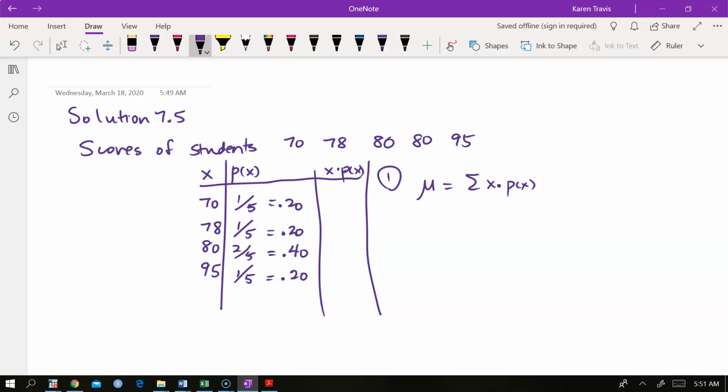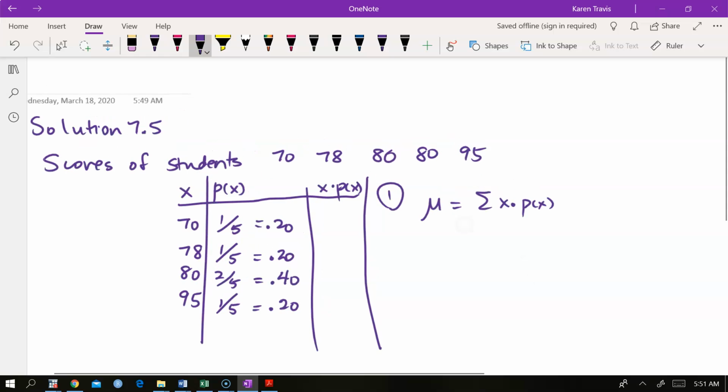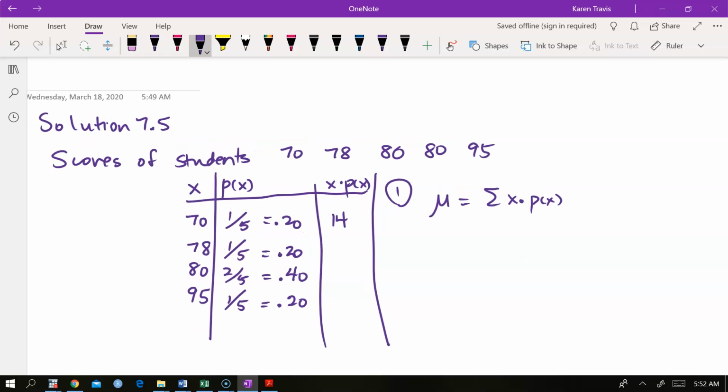So if we do x times p of x, what we're going to get for those outcomes for the row is a 14, a 15, a 32, and a 19.